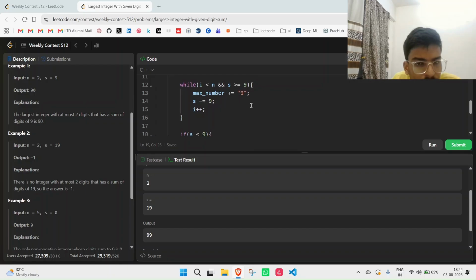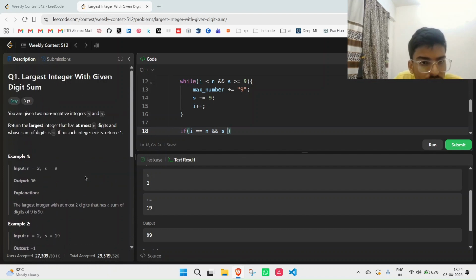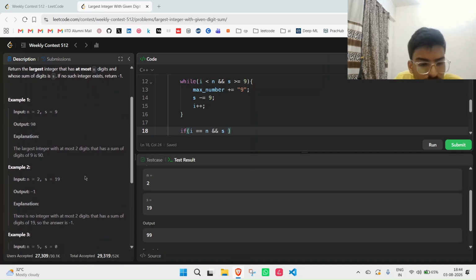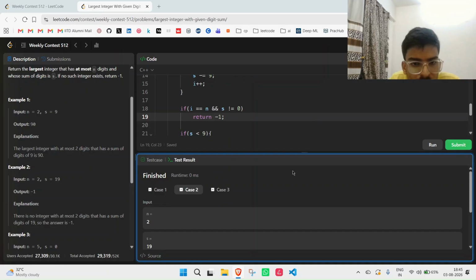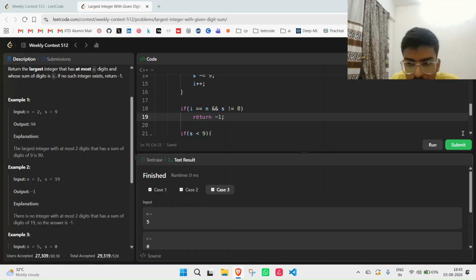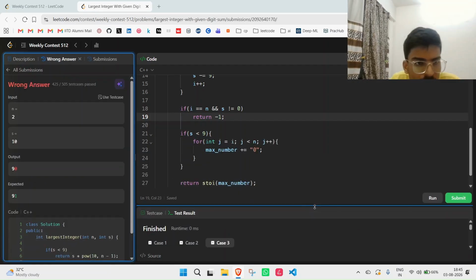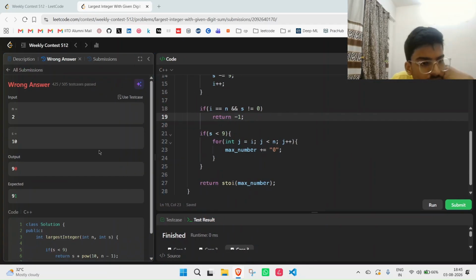9 and 9. I is equal to 10. S is equal to 10.